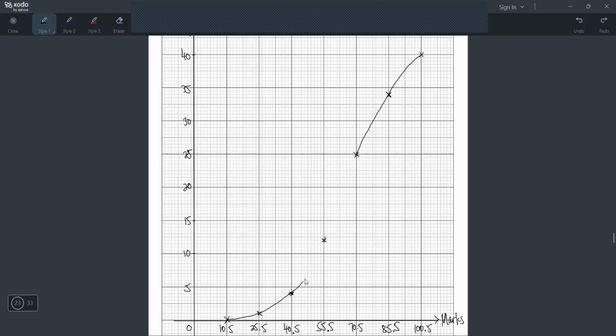It should be smooth, right? So we try to make it smooth. Just make it look natural lah. So this curve, okay. This one is like that. Then go up slowly and then forms another curve here. Okay, I think it's good enough.